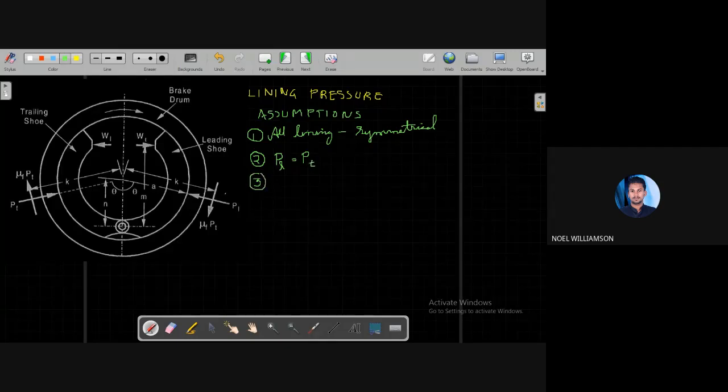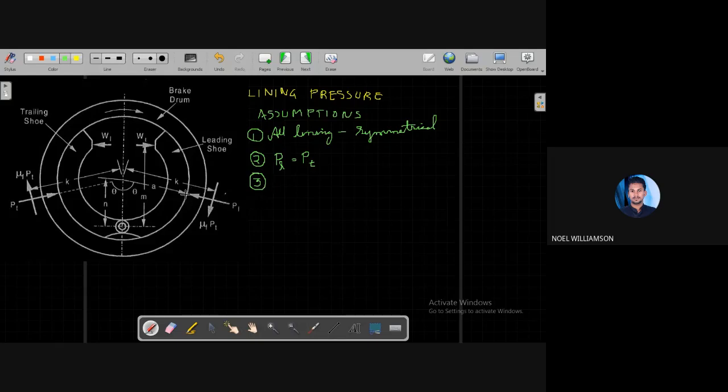Next assumption: these forces PL and PT act in such a way that PL acts at the lining contact of the leading shoe.